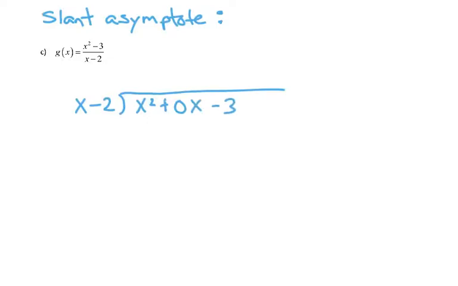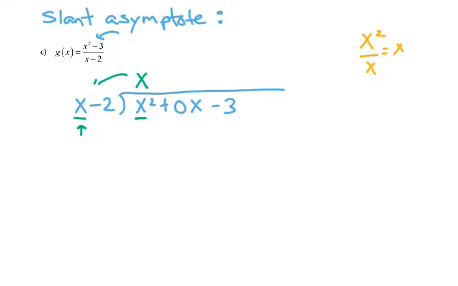Why do I have that 0x there? Well, if you're missing a term, you have to add it in, or the long division won't work. Now, you ask yourself, what do I need to multiply this x by to turn it into x squared? Or another way to look at it is, what is x squared divided by x? Well, that just equals x. So that's the first term up here.